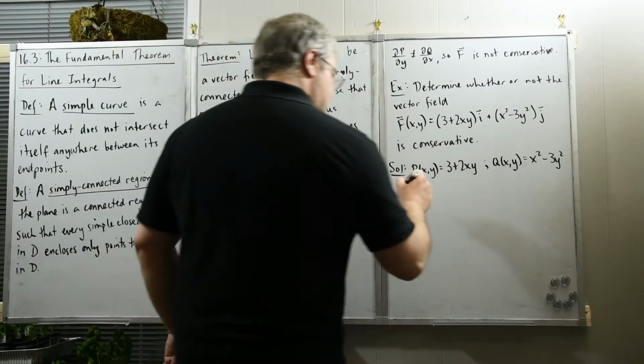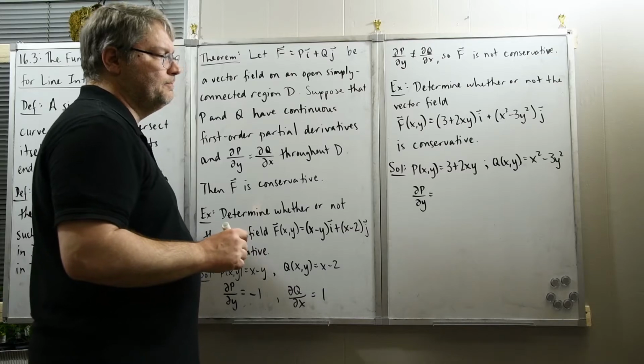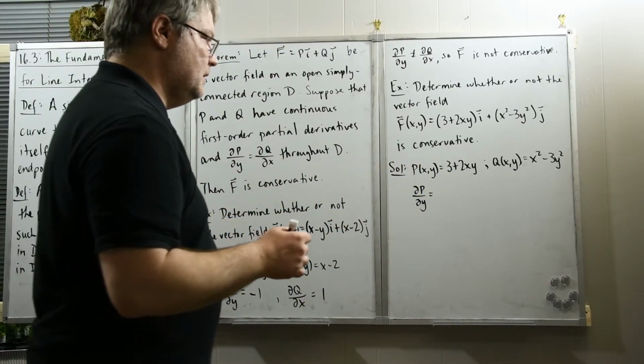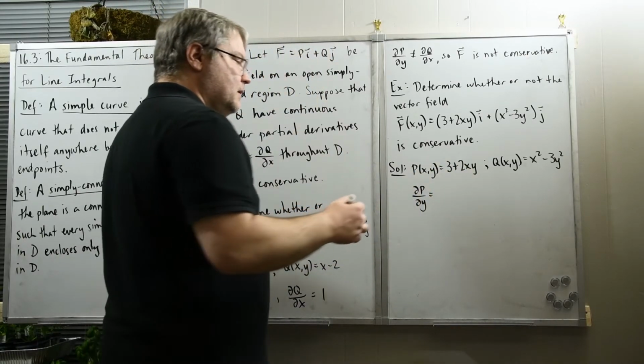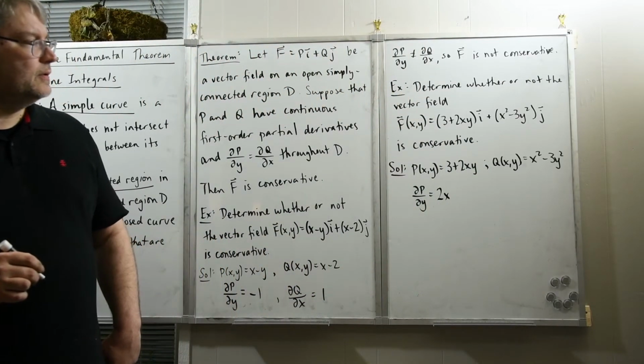So we go to take our partial P with respect to y, and when we do that, well, 3 differentiates to 0, and then x gets treated as a constant, so we have a constant multiple times y. Take the partial P with respect to y, you just get that constant multiple, which is 2x.